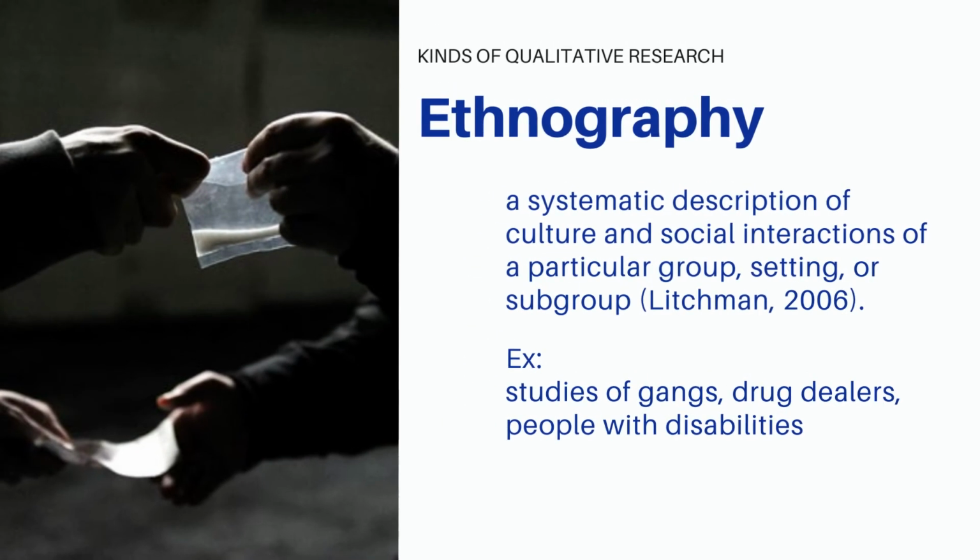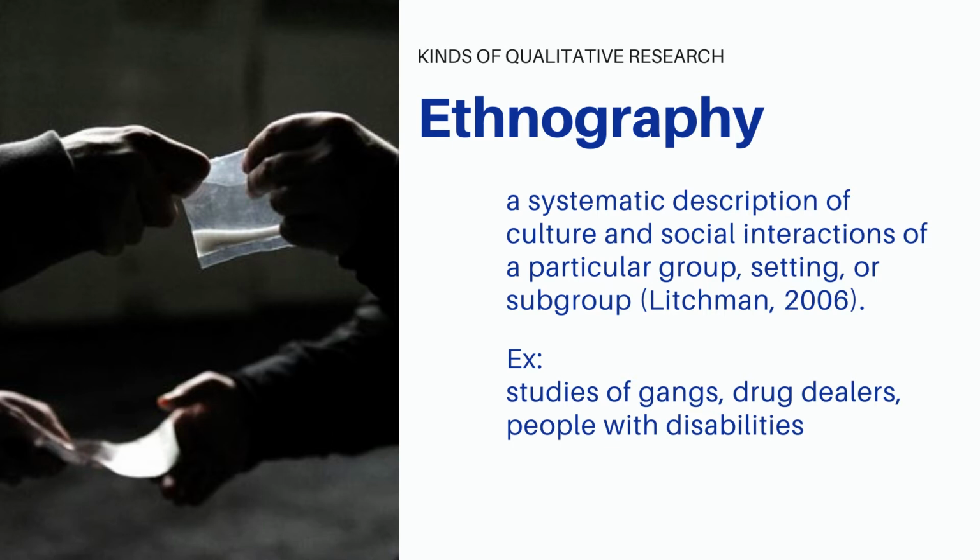There are 6 kinds of qualitative research. First is ethnography. It refers to a systematic description of a culture and social interactions of a particular group, setting, or subgroup. This involves extensive immersion in a particular setting. If there is a need to go to a particular setting of your respondents, then you have to go there.